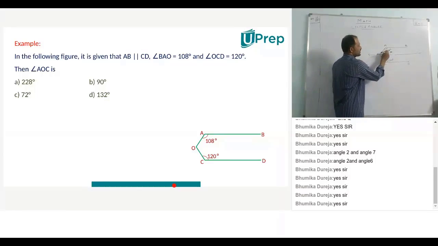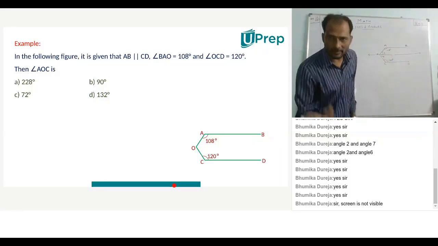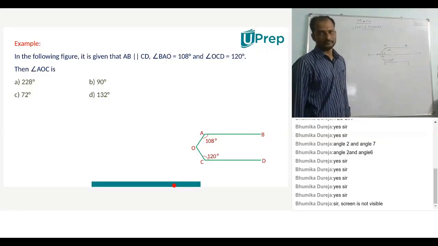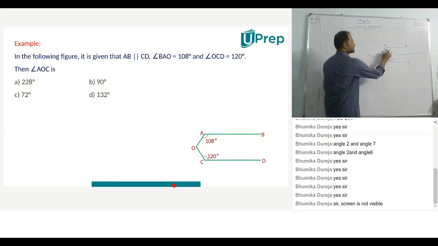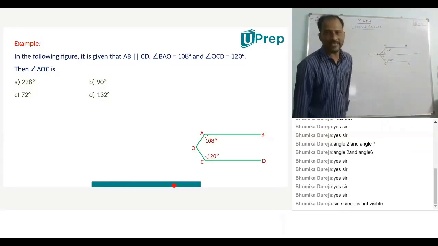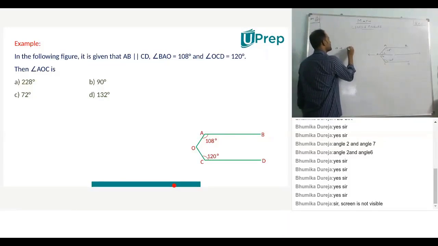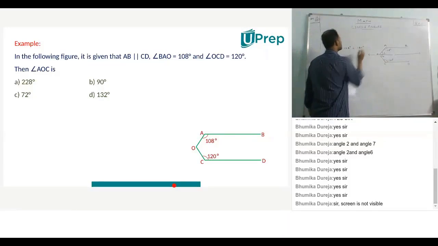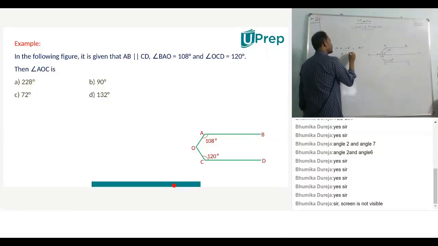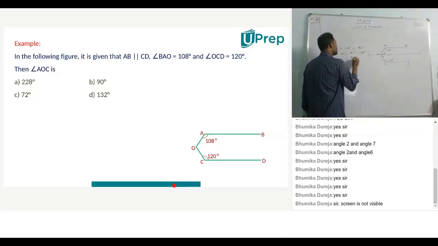Now, A plus 108 will be 180 degrees because if lines are parallel, co-interior angles are supplementary. So A plus 108 is equal to 180. A is equal to 180 degrees minus 108 degrees, which is equal to 72 degrees.